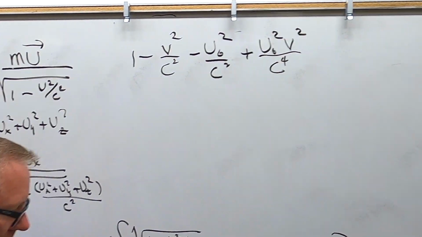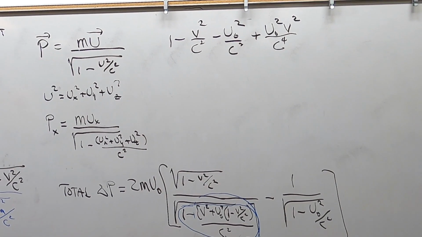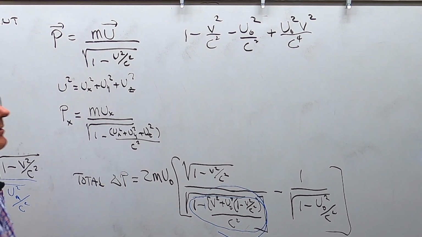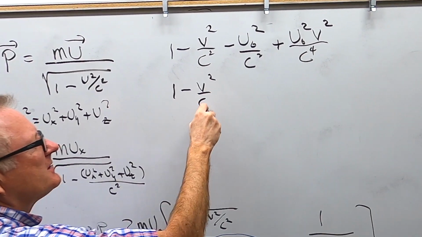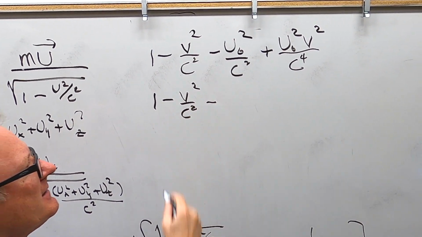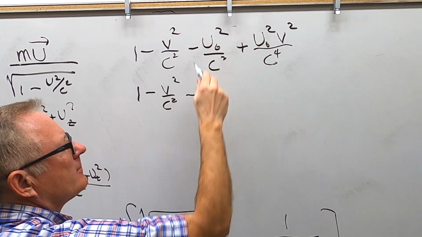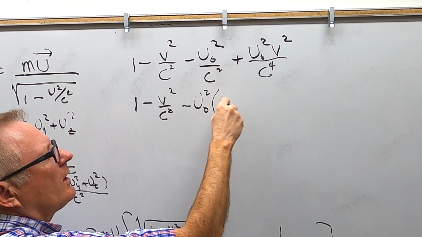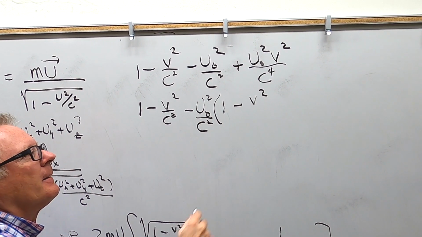So I just multiplied all that out right there. Now, I don't know if you can see, but that looks like it's factorable. Let me rewrite it. 1 minus v squared over c squared minus, I'm going to pull the u naught squared out of these two terms, and we're left with 1 minus u naught squared over c squared.